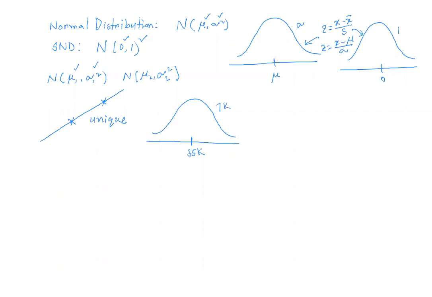Now, for a normal distribution with mean mu of 35K and standard deviation 7K, you could also assume this to be X bar, the sample average, and this could be your S, the sample standard deviation. Once again, try to remember, S is the sample standard deviation, and sigma is the population standard deviation.